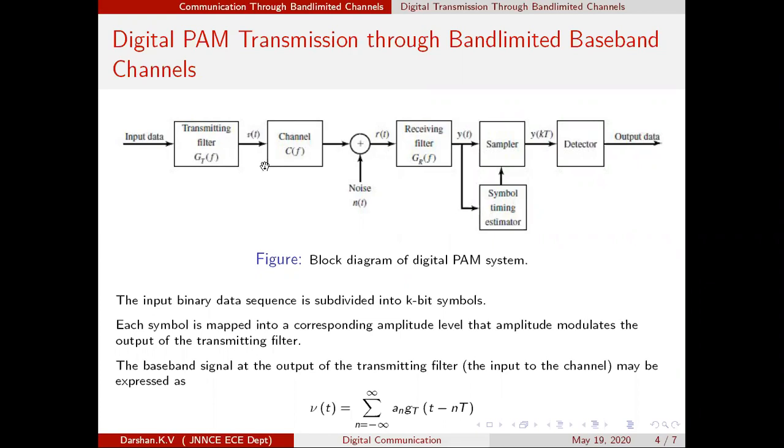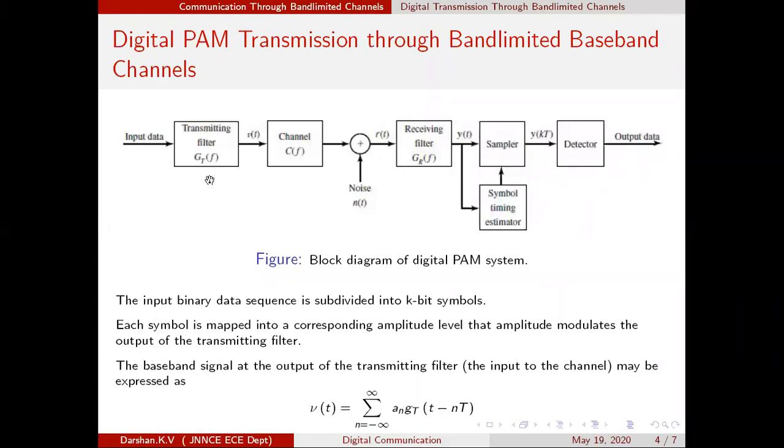So now the output of the transmitting filter is represented by v of t. Just observe over here. What is v of t? It is the output of the transmitting filter. So what is happening here? You have so many symbols, and those symbols will enter the transmitting filter.